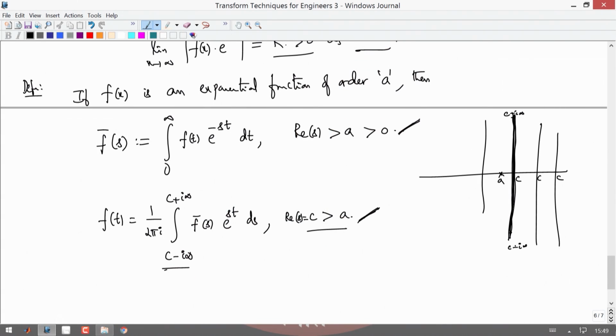So here, in both cases, the real part of s is bigger than A. This is how we define the Laplace transform and inverse Laplace transform naturally. But it is not straightforward to evaluate this inverse transform for a given f bar of s. You may have to evaluate a contour integral.